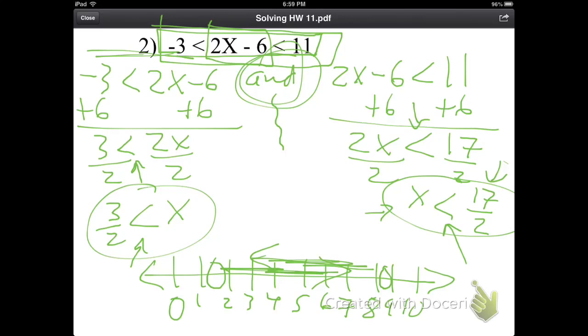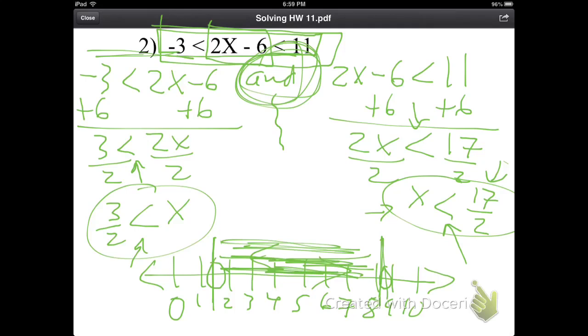Remember, both of these shadings go infinitely far to the right and to the left. But the only portion of our graph that got double shaded is in this region here. It got shaded from the left side, and it got shaded from the right. So this middle section is what got shaded twice. Since we're looking at an "and" situation, that's the part that's part of our solution.